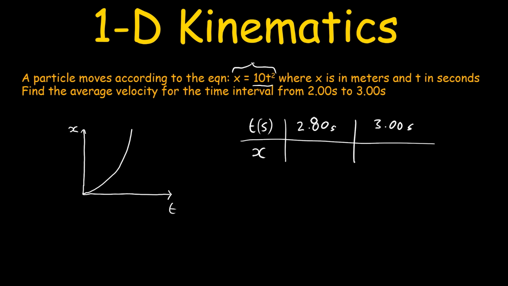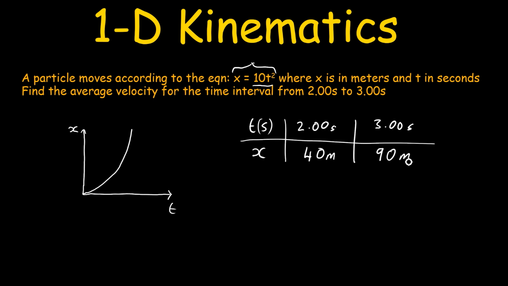So we can plug in the values of time into this equation to find the value of x. So 2 squared is 4, times 10 is 40. So we got a position of 40 meters at 2 seconds. At 3 seconds, 3 squared is 9, times 10 is 90. So at 3 seconds, we've got 90 meters.